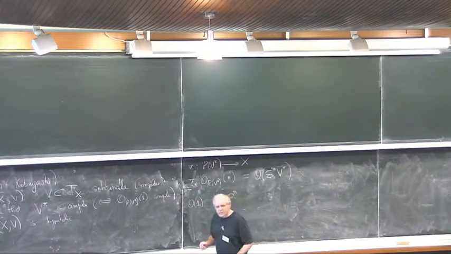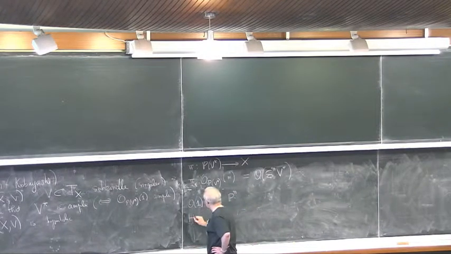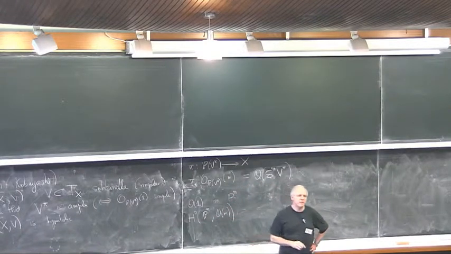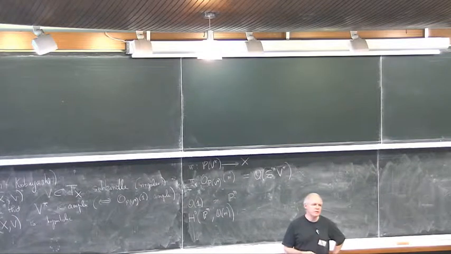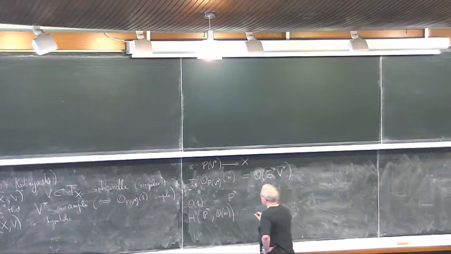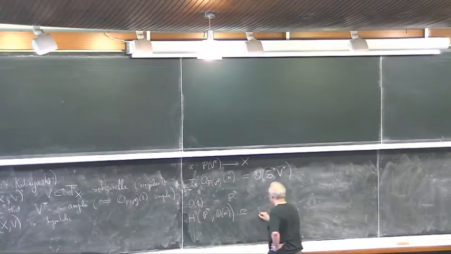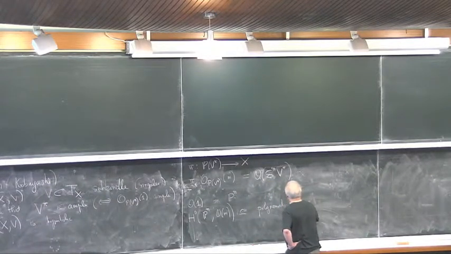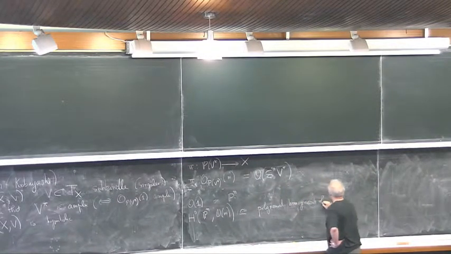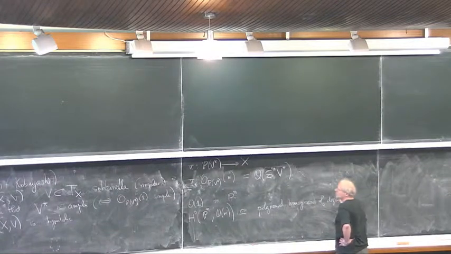By construction, the sections on P^n of O(m) can be identified with polynomials which are homogeneous of degree m on C^(n+1).